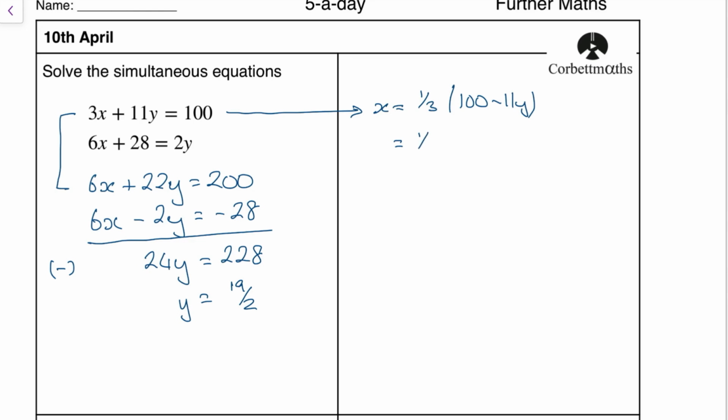So in other words, I'm going to take my value and do 100 minus 11 times 19 over 2, which, again on my calculator, so times 11, 100 minus my answer, and divide by 3. Well, it's a relatively okay number, isn't it? So minus 3 over 2, which means my answers are x is minus 3 over 2, and y is 19 over 2. And that's it, question done.